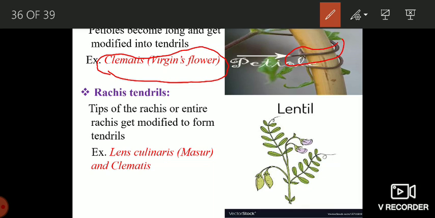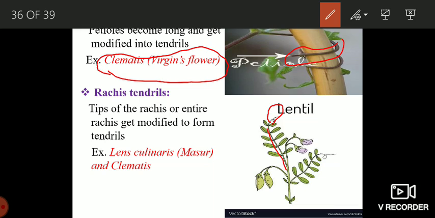Then we have another type which is known as rachis tendrils. In this type, either the tip of the rachis or the entire rachis gets modified to form tendrils. Here you can see the tip of the rachis of this compound leaf has got modified and has resulted in the formation of tendril.